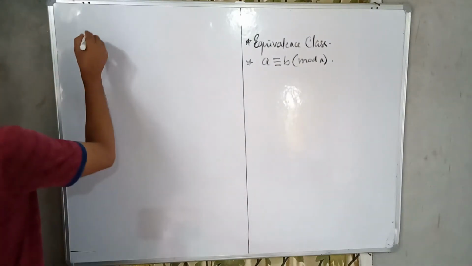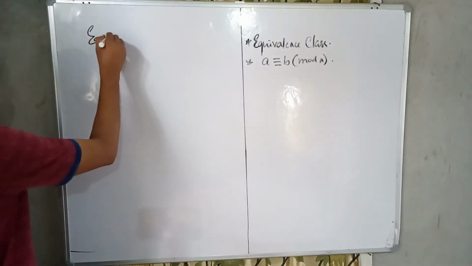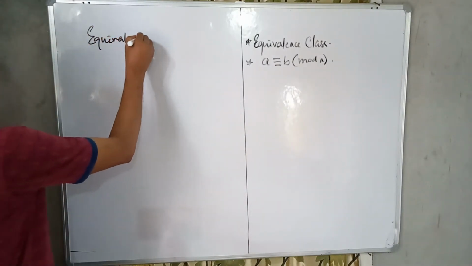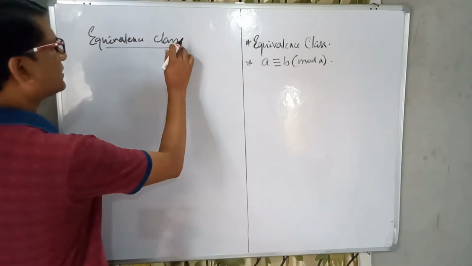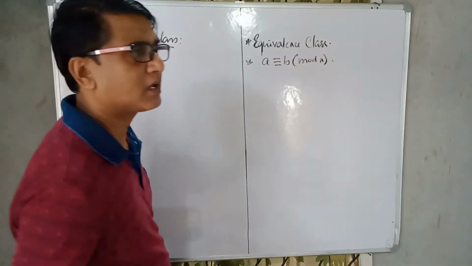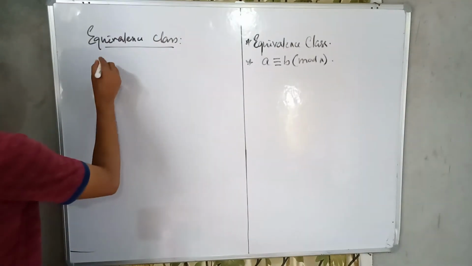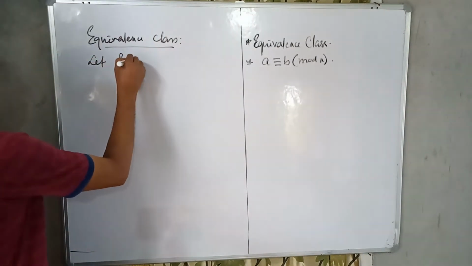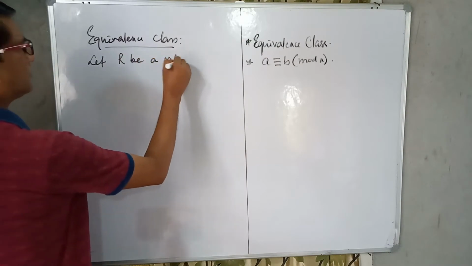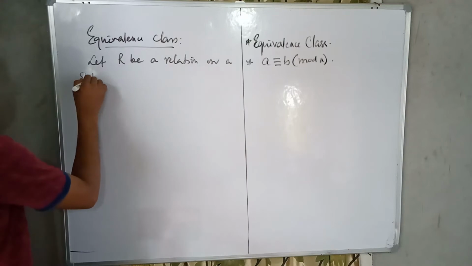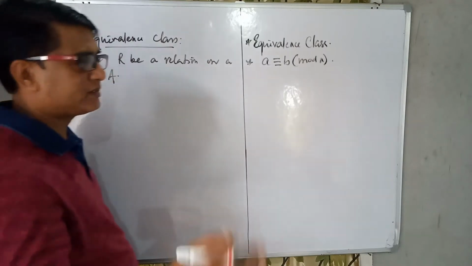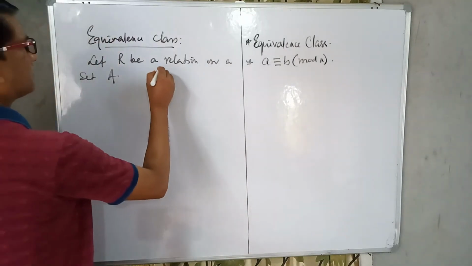So what is an equivalence class? It is a simple thing, try to understand. Let R be a relation on a set A, and R should be an equivalence relation.